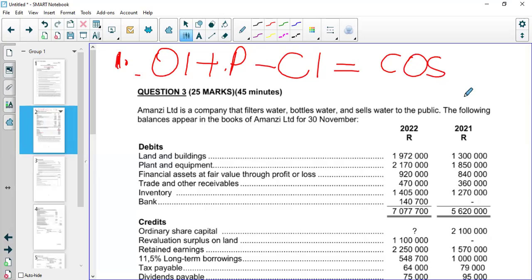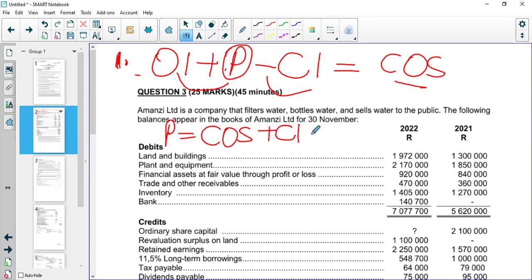Then if we want to get purchases, we want to be left with purchases on its own. So cost of sales plus closing inventory minus opening inventory.